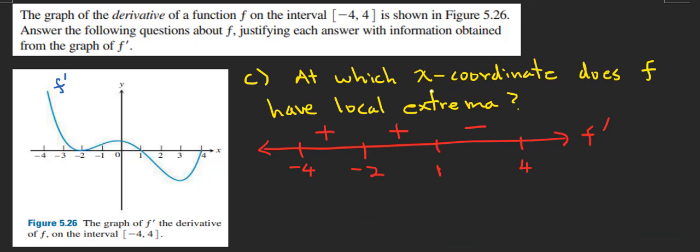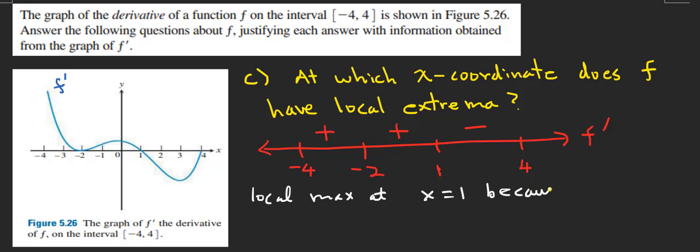Part C says, at which x coordinate does f have local extrema? Well, we got this f prime chart from part A. Based on this f prime chart, we know that we're going to have a local maximum at x equals 1. Why?